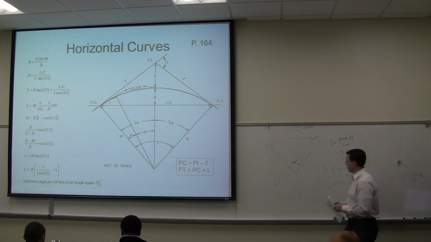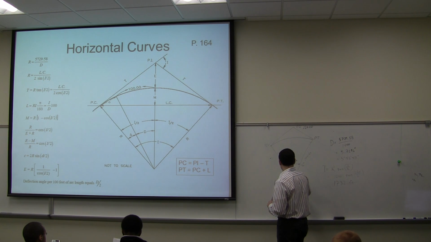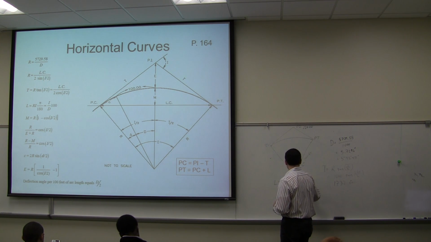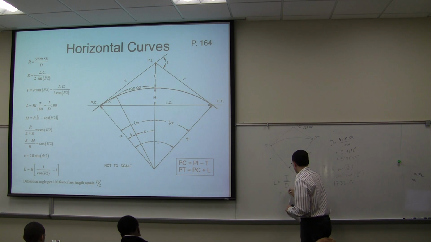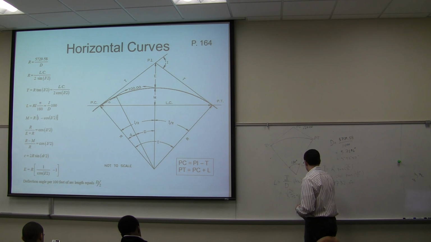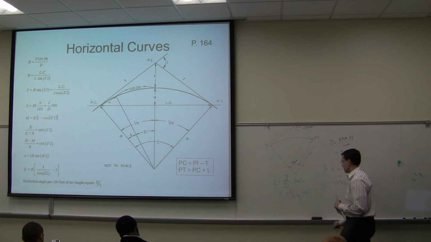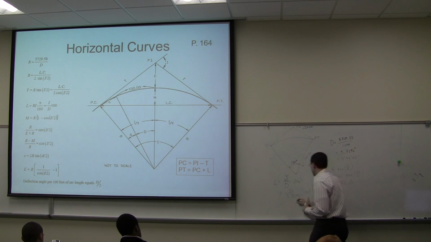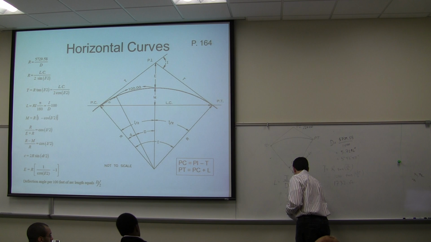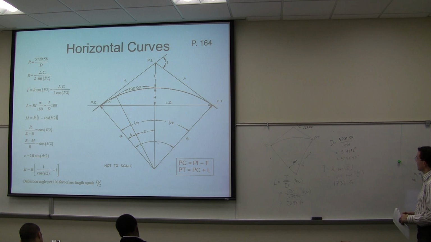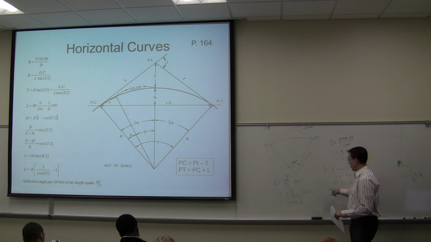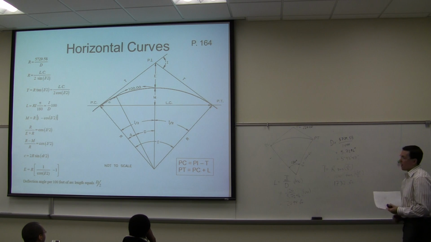So 120 over 5.7296 times 100 gives 2094. So again, it's kind of common sense. All these numbers should be relative in magnitude to each other.